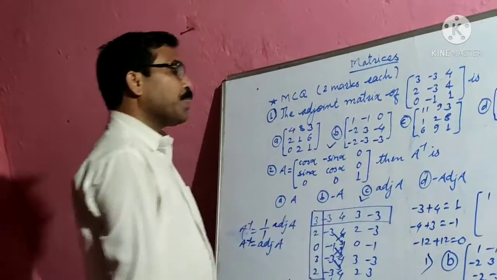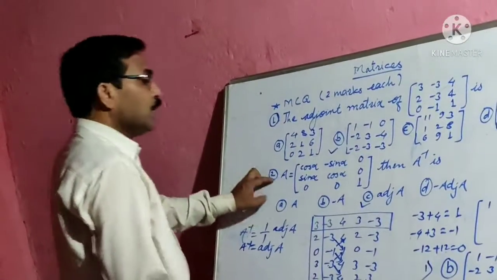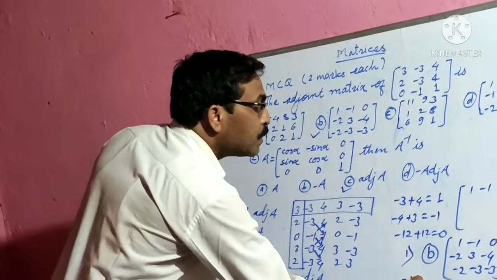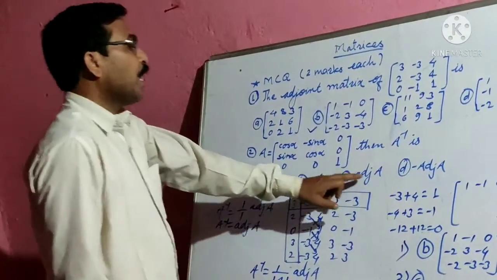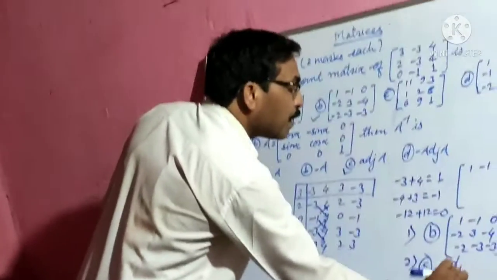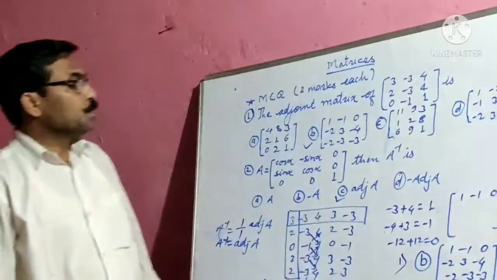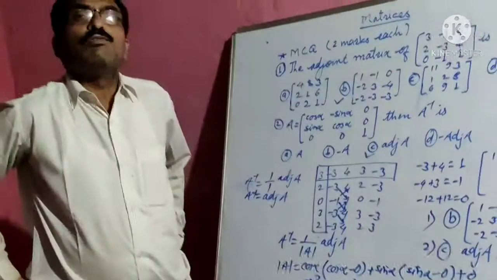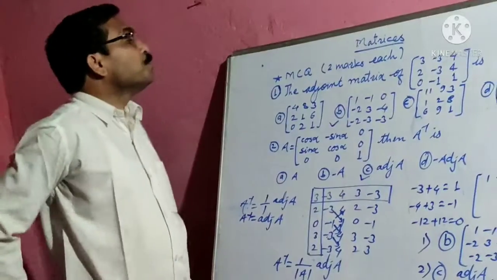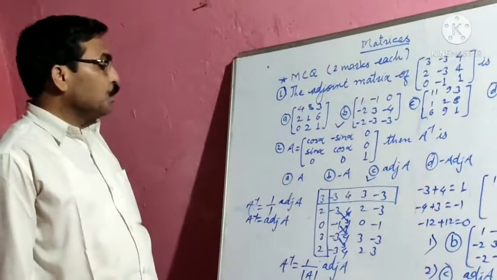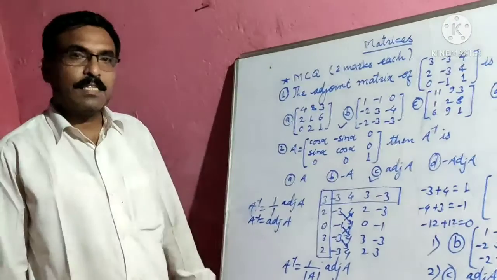Its answer is C, adjoint of A. So we have to solve MCQ type questions using some shortcut methods. Thank you.